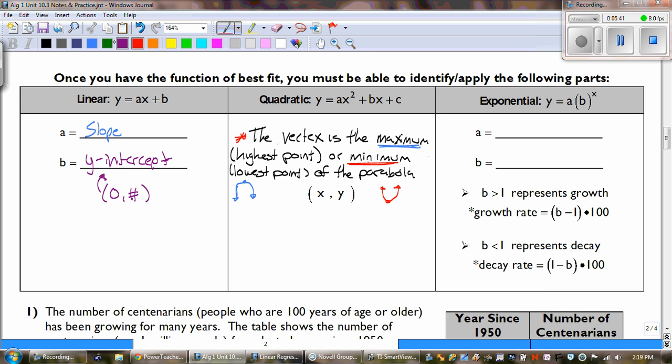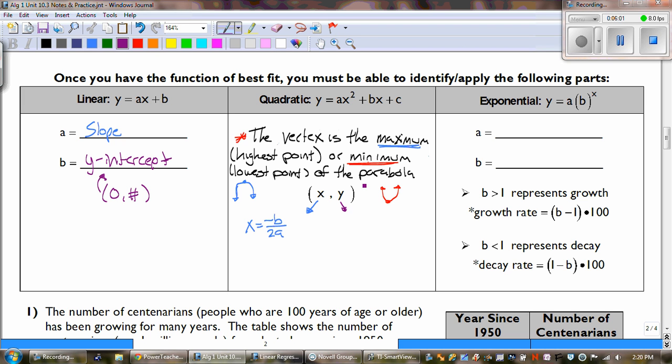Now if it's not in standard form, you're going to have to figure some of this out. When finding the vertex, remember that x equals the opposite of b over 2a.